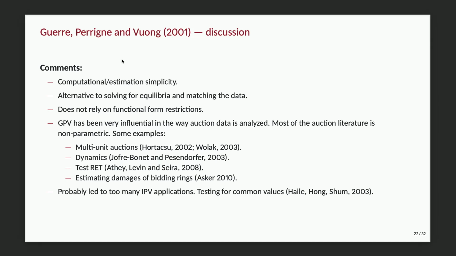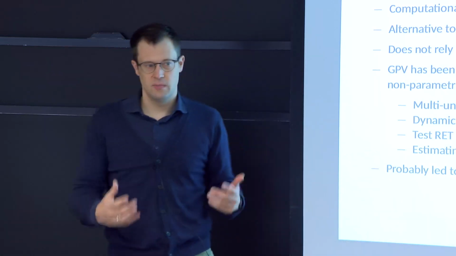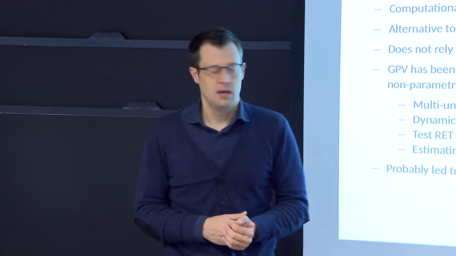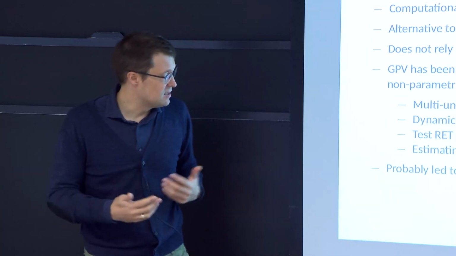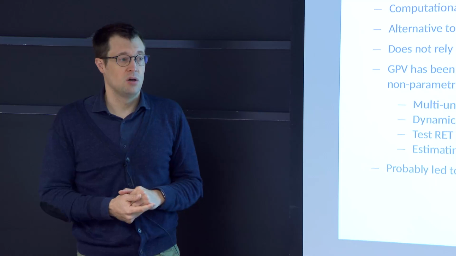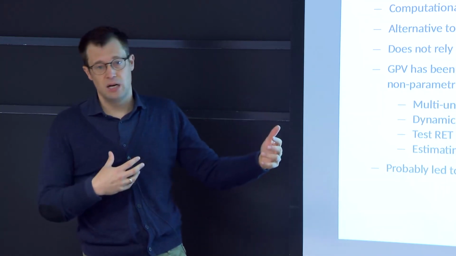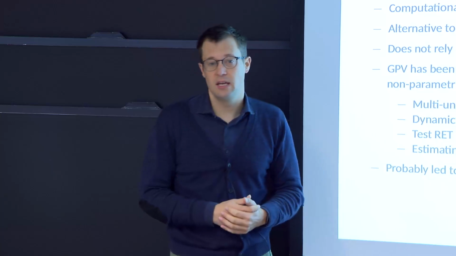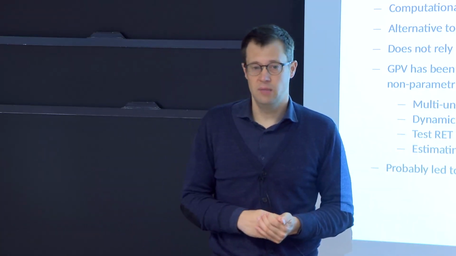And that leads people oftentimes to use the IPV assumption because they know how to make progress. And in many settings, we believe that maybe there is a common value component. Bidders do not know what they're really bidding for, and oftentimes there are resale markets or other reasons why we believe that a common value problem may arise.